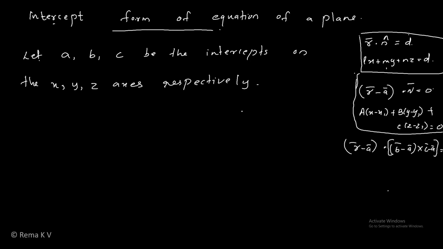That means the plane intersects the x axis at the point a, 0, 0 and intersects the y axis at 0, b, 0 and intersects the z axis at 0, 0, c.